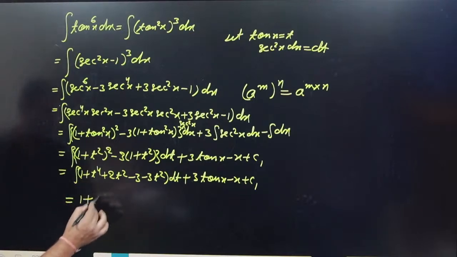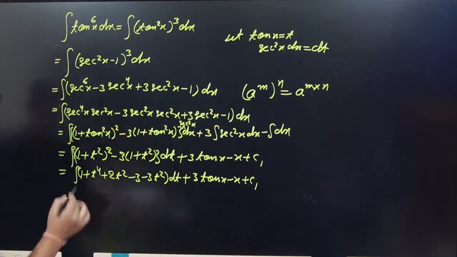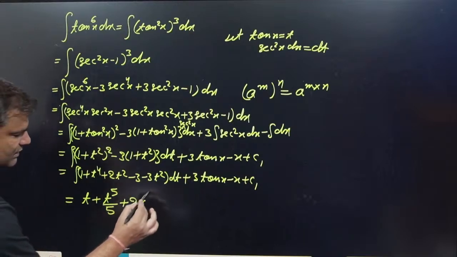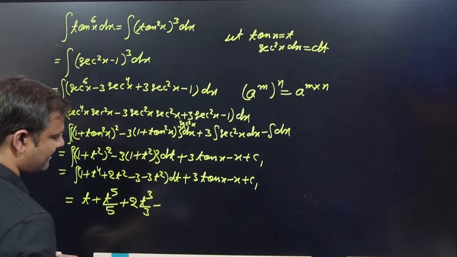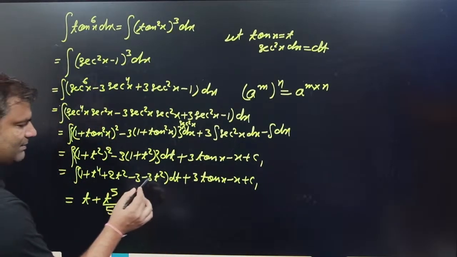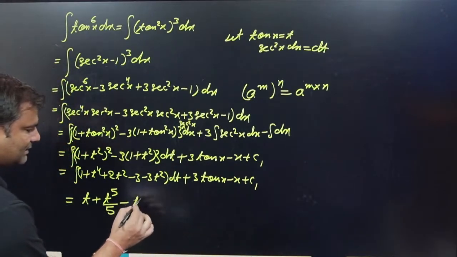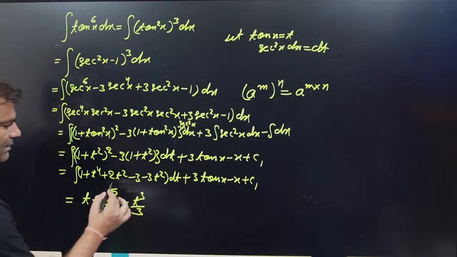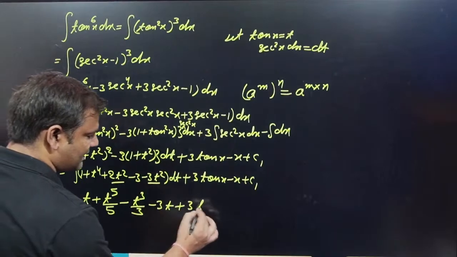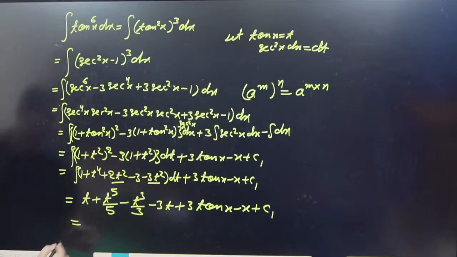This part is t plus t to the power 5 by 5 plus 2 t cube by 3 minus, here 2t square minus 3t square, that is simply minus t square, so you can say minus t cube by 3, or minus 3t plus 3 tan x minus x plus c1. So t is replaced by tan x.